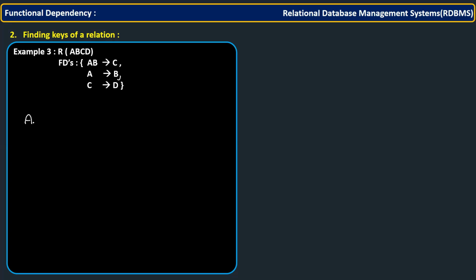Now let us try to find out. Always, whichever attributes are not there in the RHS part, for those attributes, try to find out the closure. Let us see what we are getting here.